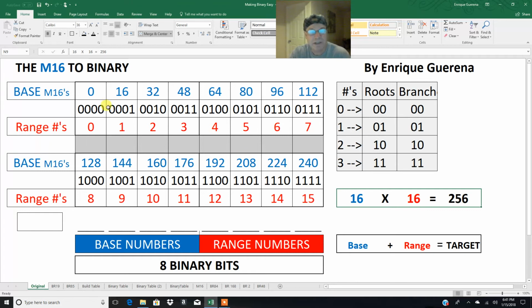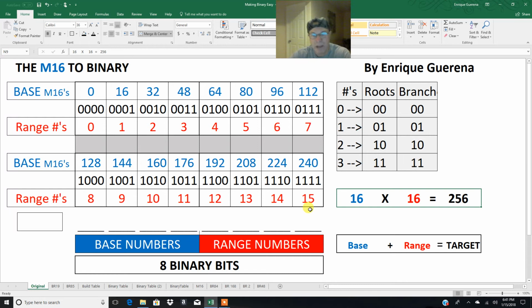The reason it's 0 to 255 as opposed to 256 is that if we started with 1, it would be 1 to 256. But we're starting with 0, so it's 0 to 255, and the same applies to the range numbers.